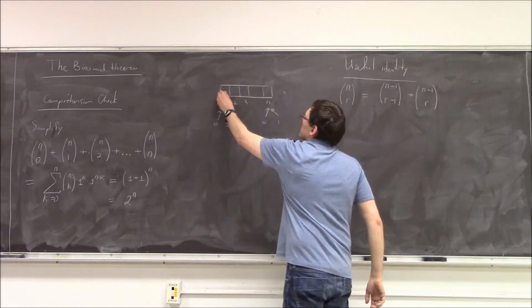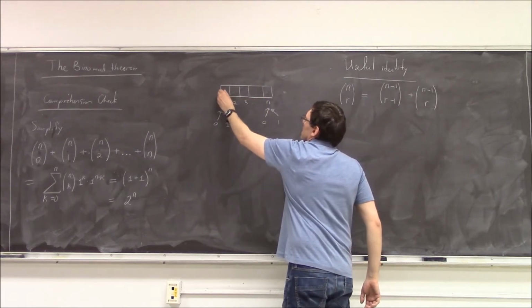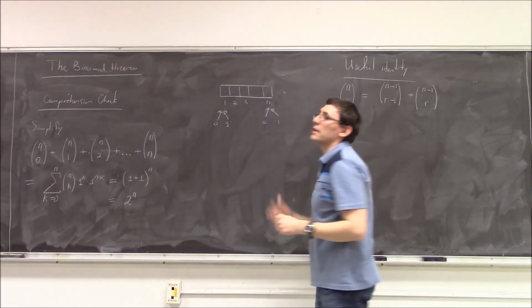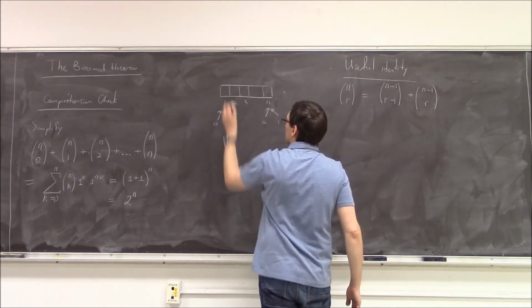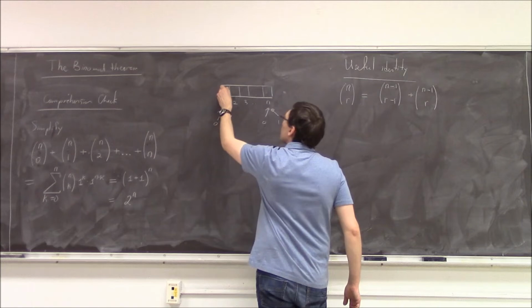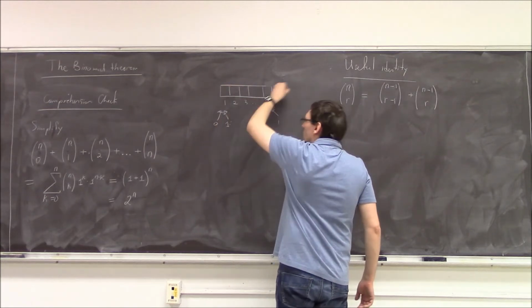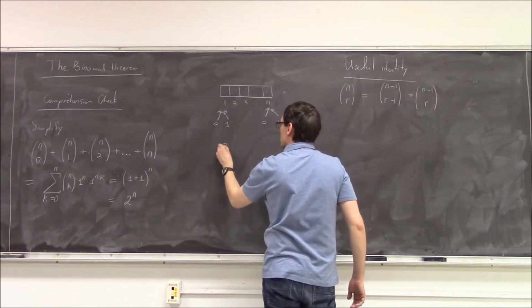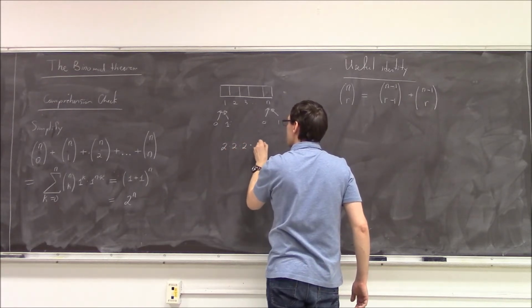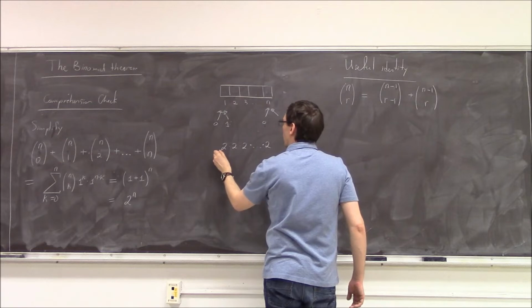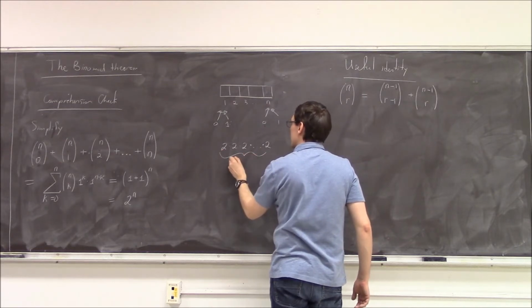That means we have n experiments, and in each experiment I have 2 possible results. So how many possibilities are there? Well, by the basic principle of counting, 2 times 2 times 2 all the way until the very last one. So it's 2 times 2 times 2 times 2, where I have this n times.